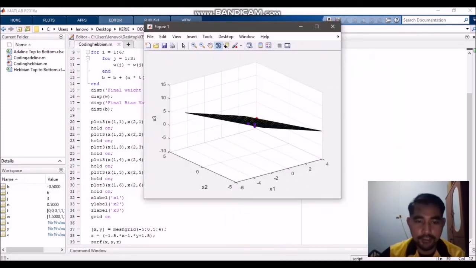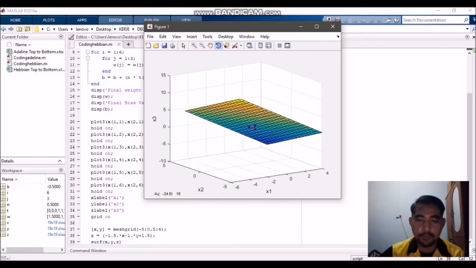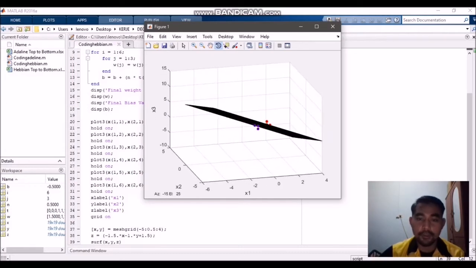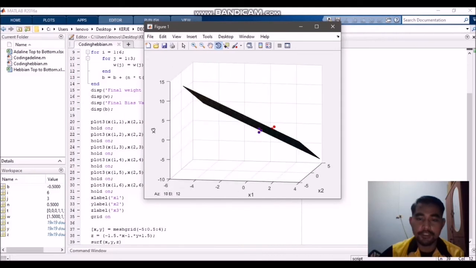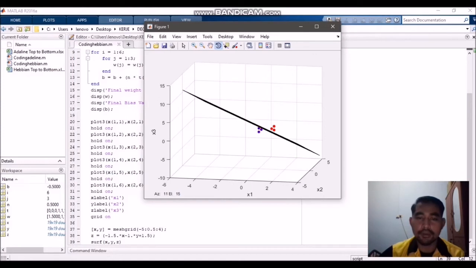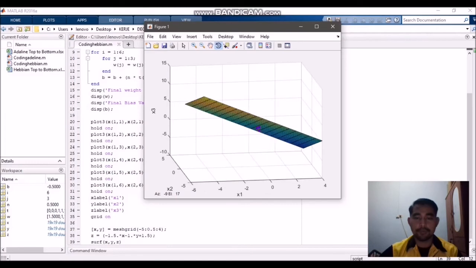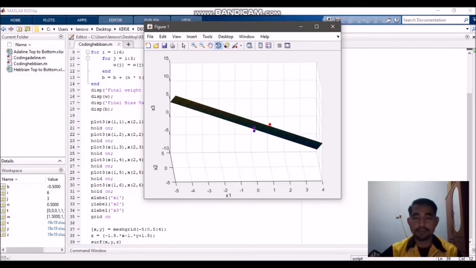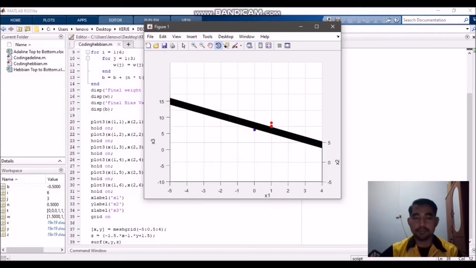So let's take a look at our Hebbian coding plot, where we got this sample, we got this output, where we can see the decision boundary placed at the middle of the sample, where the blue one we consider as 1, and the red one is for 0.